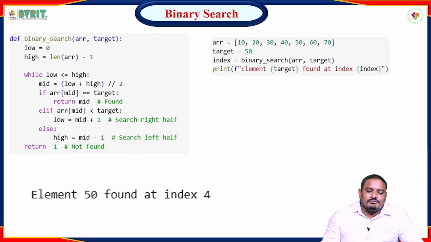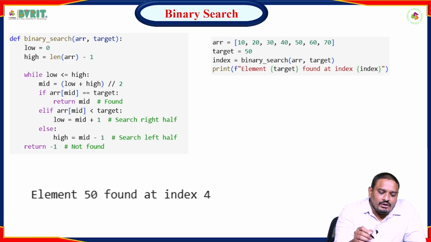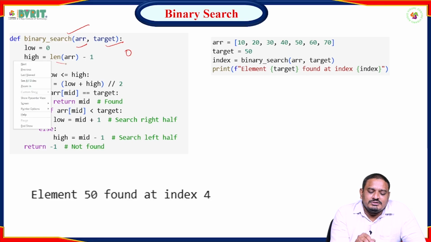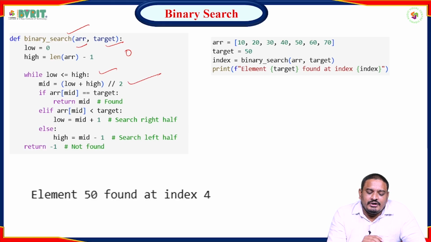See this example, using Python programming. First the function is binary search, taking the array elements and the target value. Initially the low value is 0, and the high value is length of array minus 1. While low is less than or equal to high, we find the mid position.